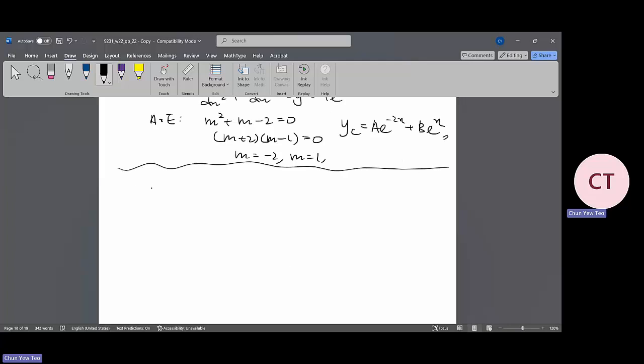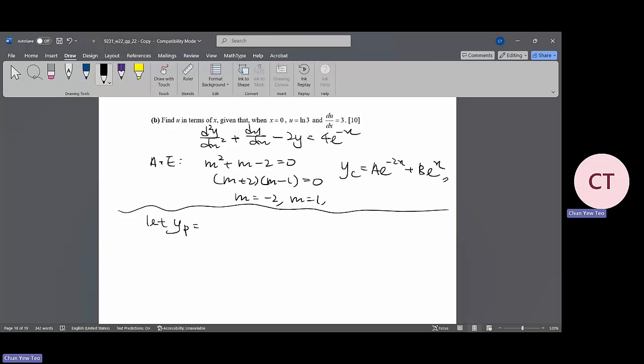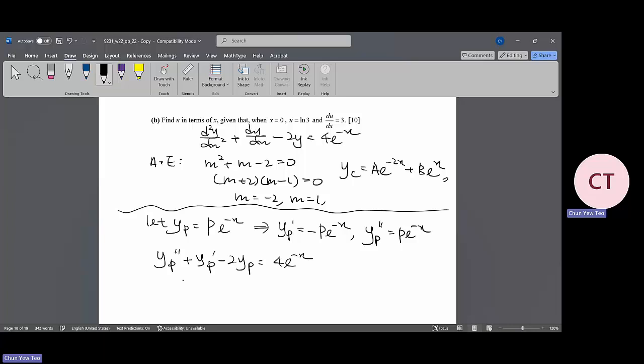Okay, so we just let our yp. Your right-hand side is an exponential function, so this one will be be^(-x). So you find your yp prime and yp double prime. Replace them inside: yp double prime plus yp prime minus 2yp is equal to 4e^(-x).